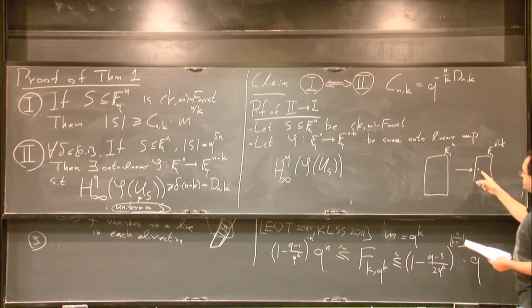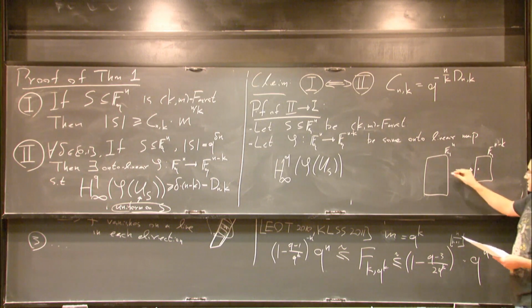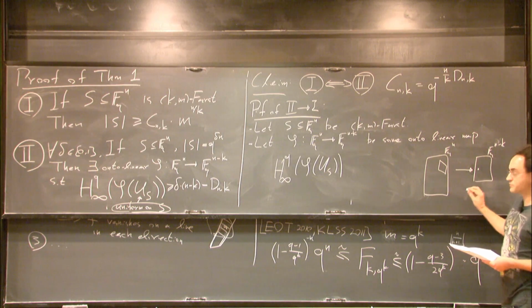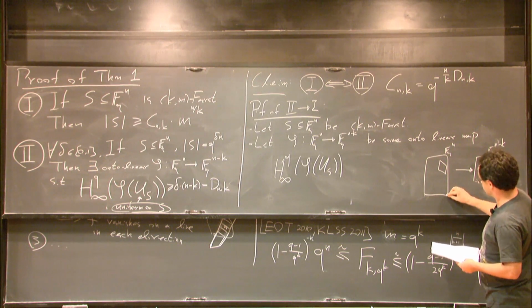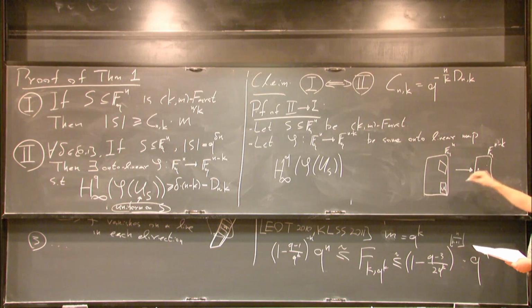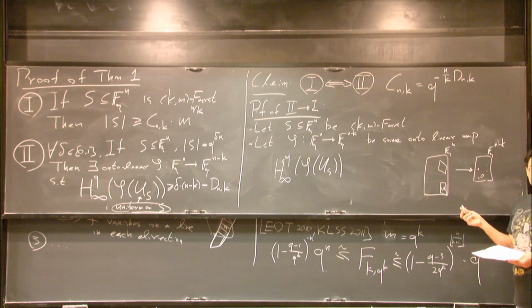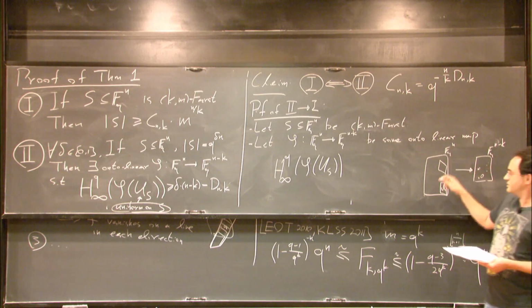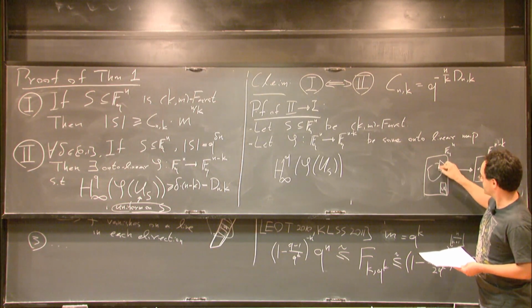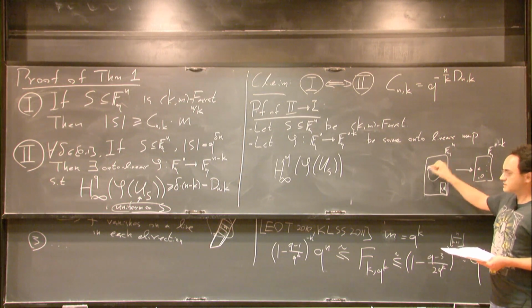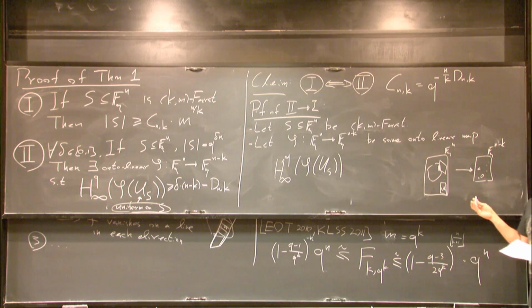How do the preimages of points here look? They are k-dimensional subspaces. So the preimage of 0 is some subspace U of dimension k, and all the other preimages are shifts of U. And what's the probability of getting a point here? It's the intersection of your set S with the preimage of the point, divided by the size of the set.